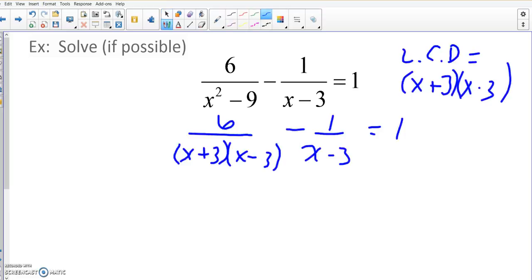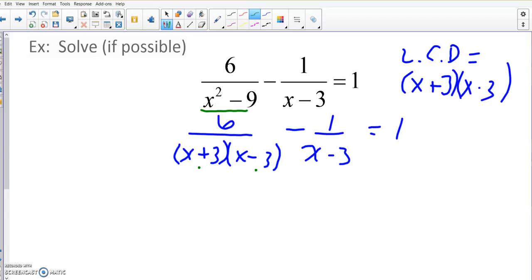All right, guys, so I hope you tried as much as you could. What I did first was I noticed again that x squared minus 9 could be factored. So I rewrote the problem as x plus 3, x minus 3, and then I thought to myself, what is the least common denominator? Well, each fraction would need an x plus 3 and an x minus 3 in order to be combined together.